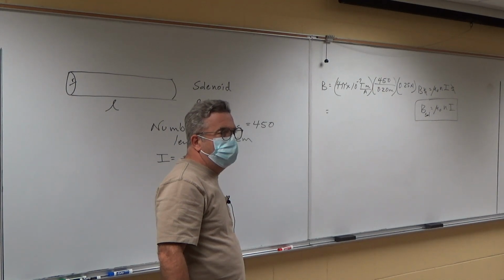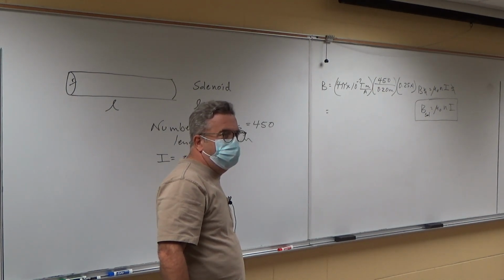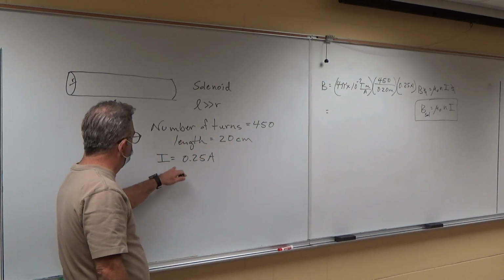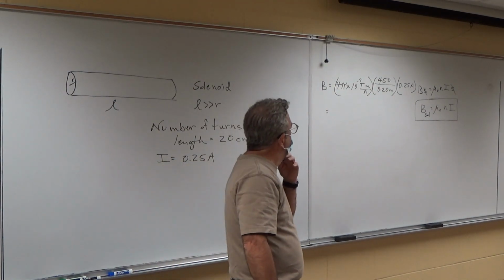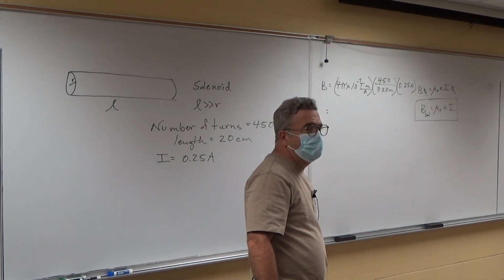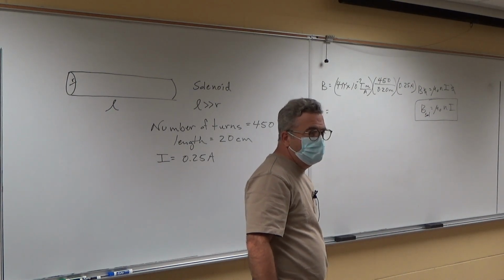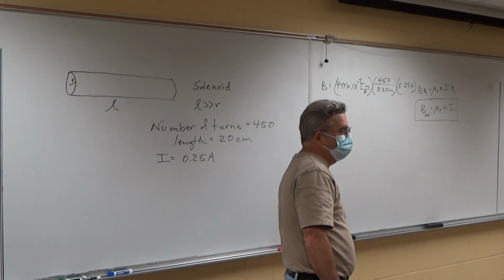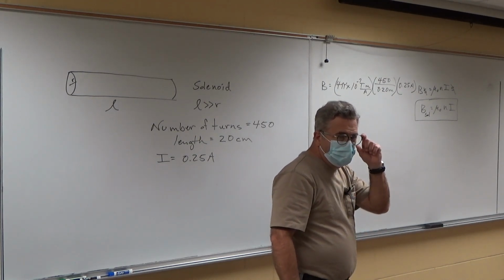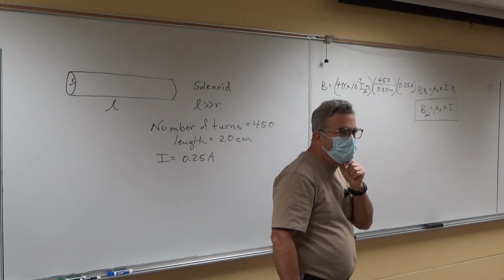I must be off by an order of magnitude. Did you convert to meters? Yeah, I converted to meters, 20 centimeters. I got 0.007. What'd you get? 7.069 times 10 to the negative 4.